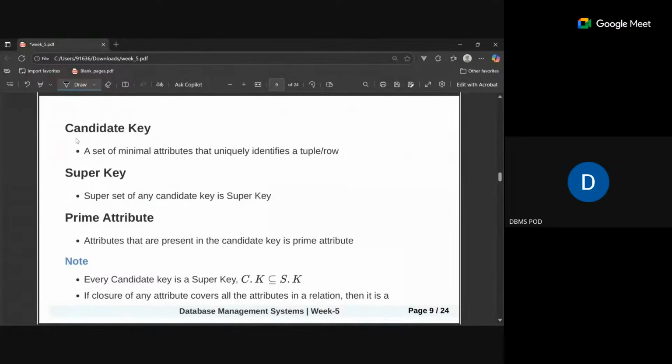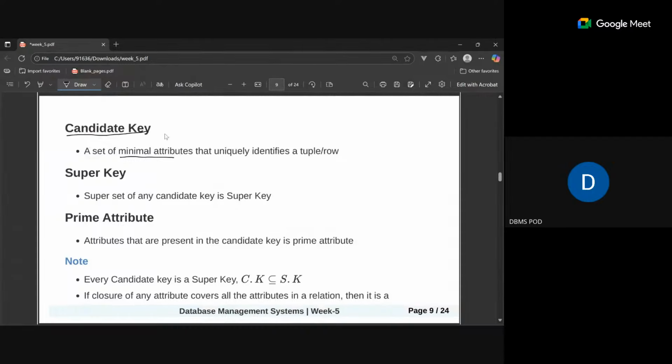Next, we'll see what is meant by candidate key. A candidate key is nothing but a set of minimal attributes that uniquely identifies a tuple or row. So how is it different from a primary key? So far we have studied primary keys and foreign keys.